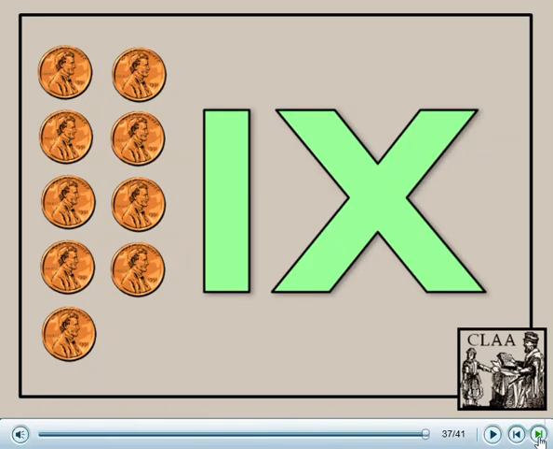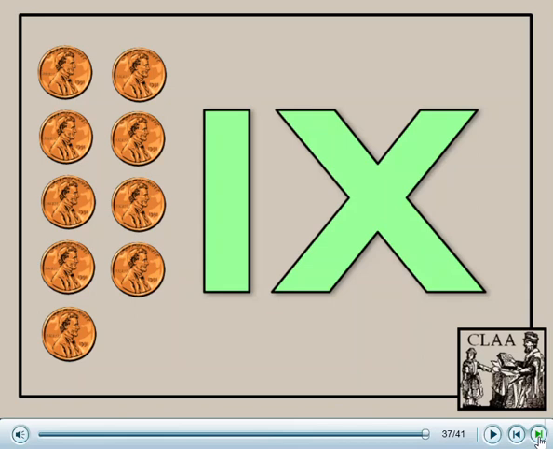And we learned the Latin for the number 9, which was novem. The number novem was written with an unus before a decem, and that's because 9 is 1 before 10.